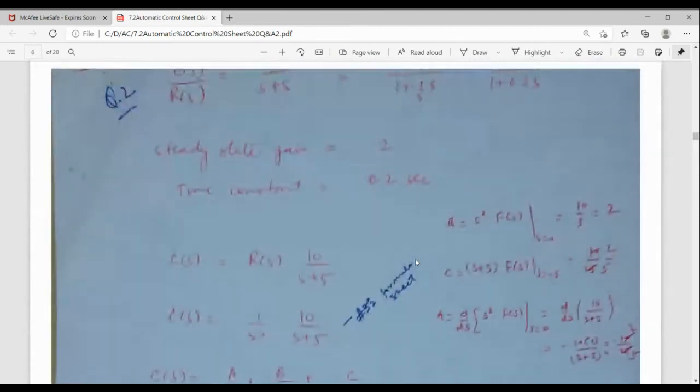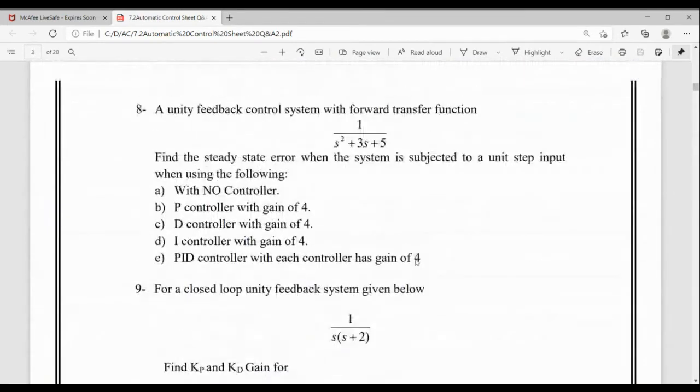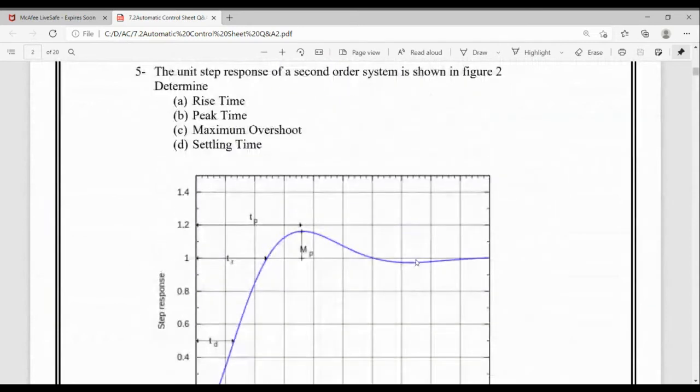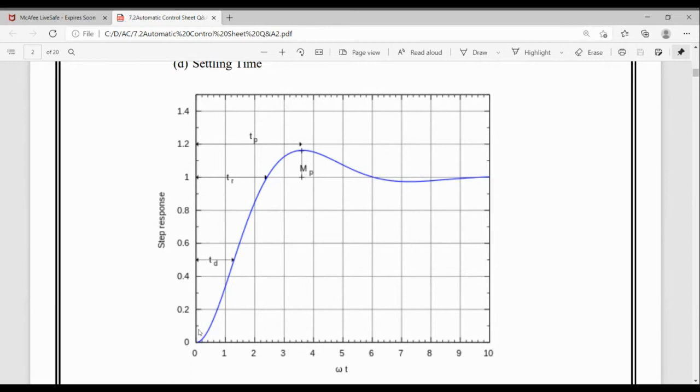Now coming to question number 5. Here is question number 5. In this, the unit step response of a second order system is shown in the figure. Here is the figure. This is the response to a step input. Unit step is the input, and this is the response output. So here is the peak time.